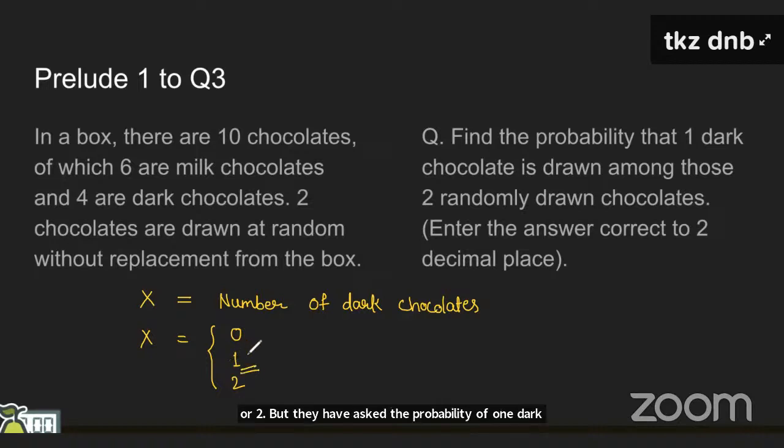For this case only they are asking. So that's why I considered the probability of X equal to 1. What we were doing previously, that concept was different. This concept is different.